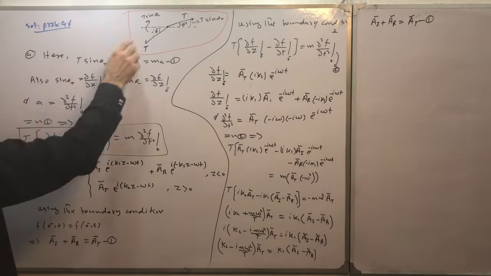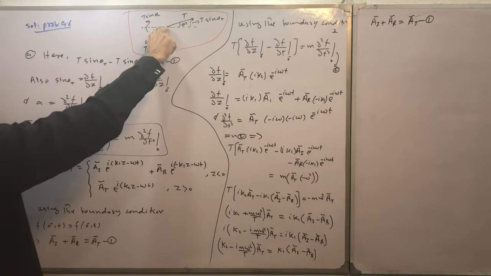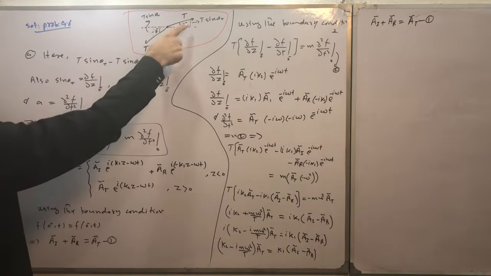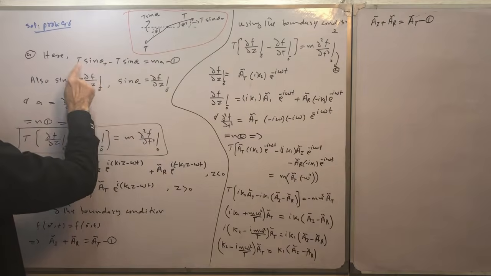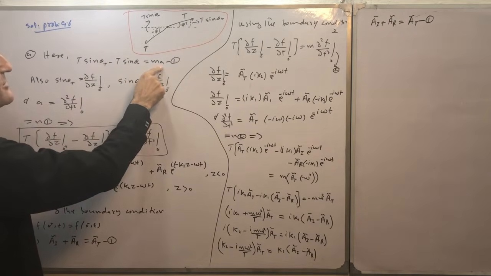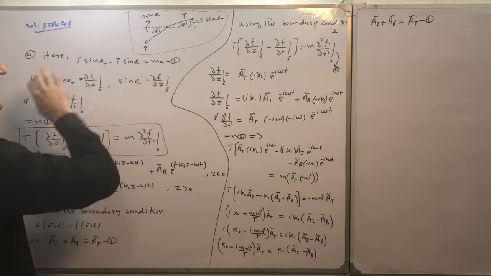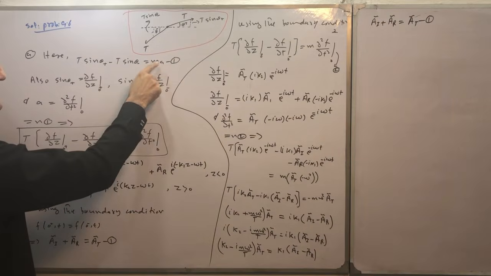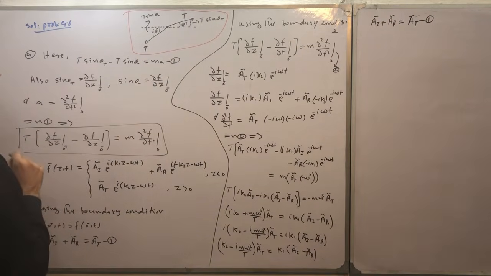Then we can say that we have a mass M as well. Then the difference of these two, T sine theta plus minus T sine theta minus, is equal to ma. This is actually the second law of motion. A is the acceleration, M is the mass of this knot.